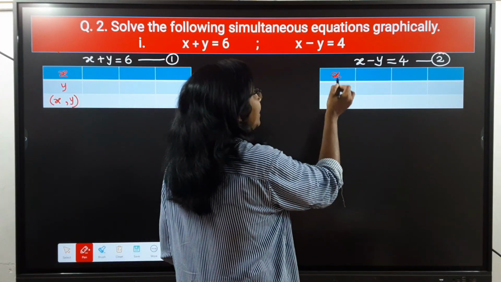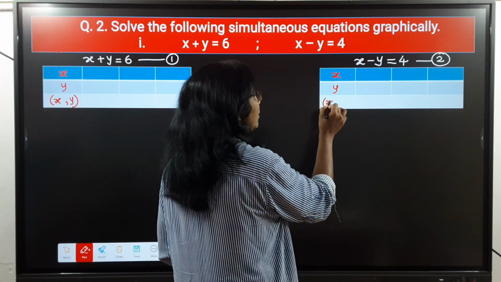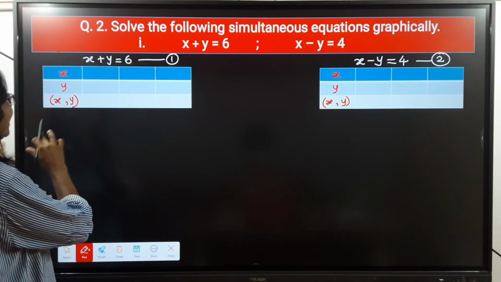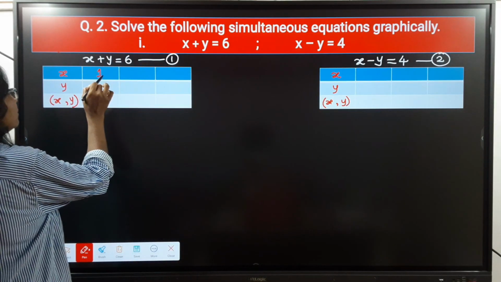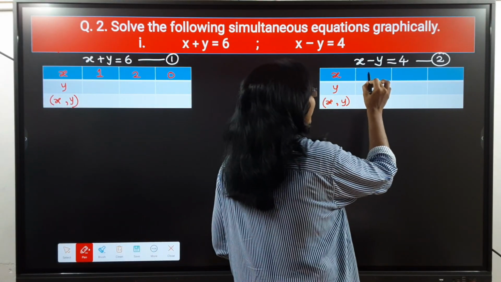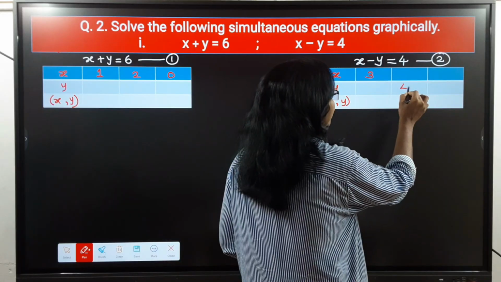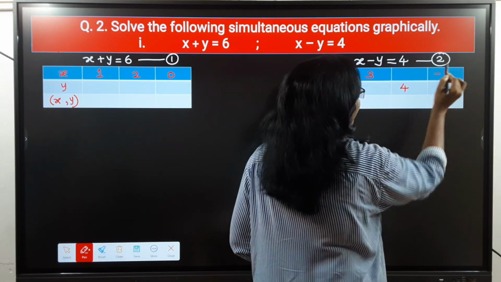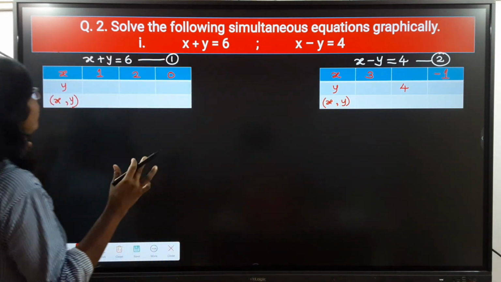In the first column I write x, then y, and then in the third row the coordinate (x, y). Then I take the values x is equal to 1, then 2, and then 0. Then x is equal to 3, y is equal to 4, and x is equal to negative 1. Okay, so that is how we find the values.